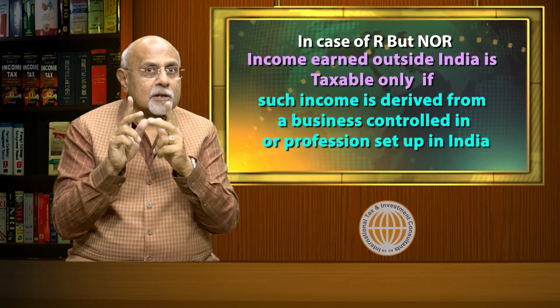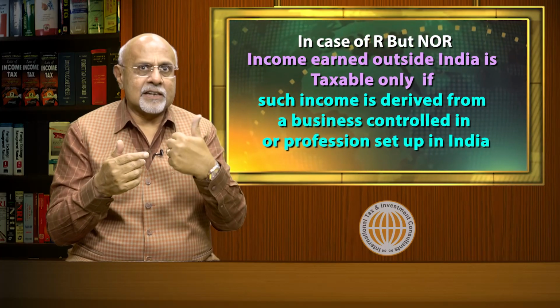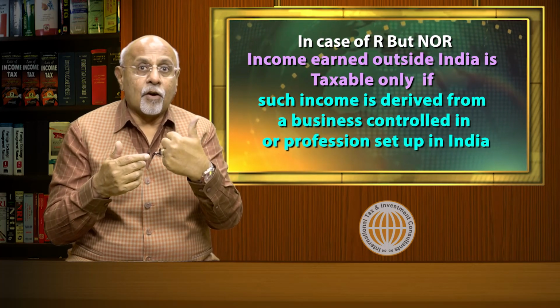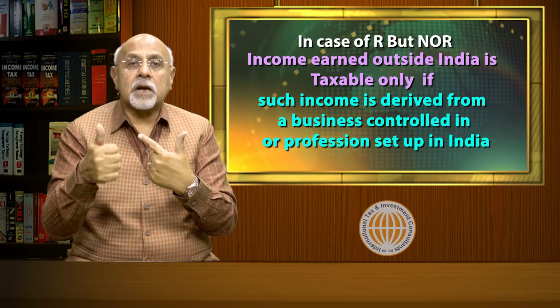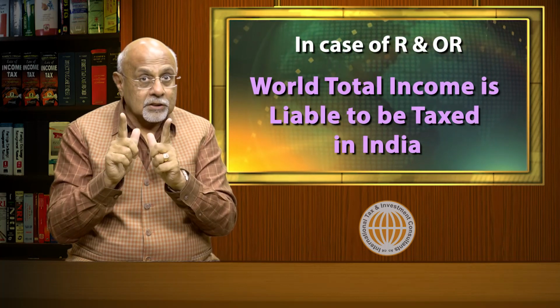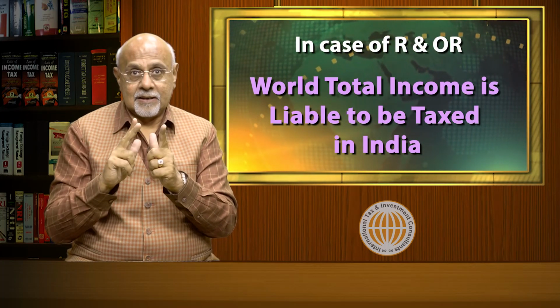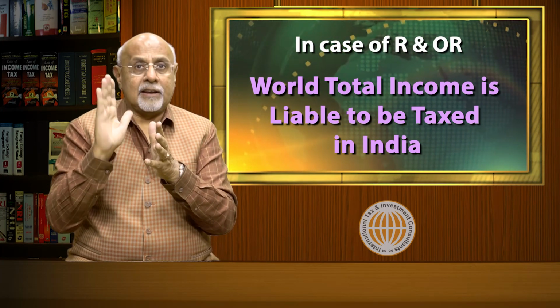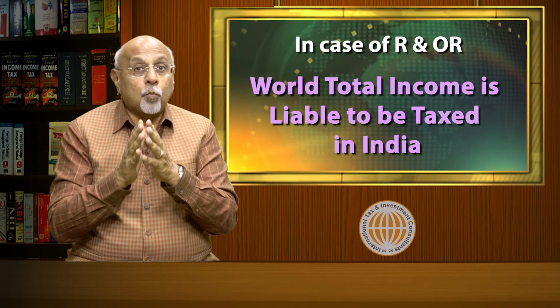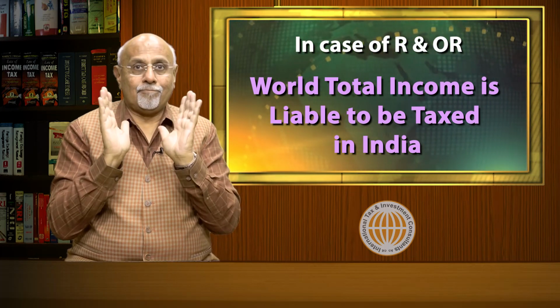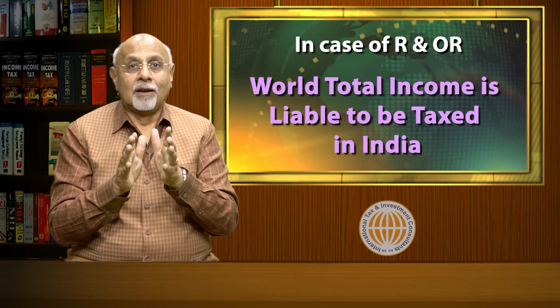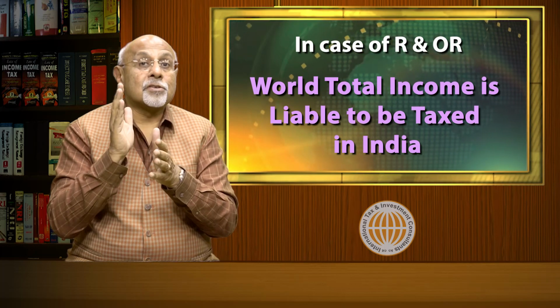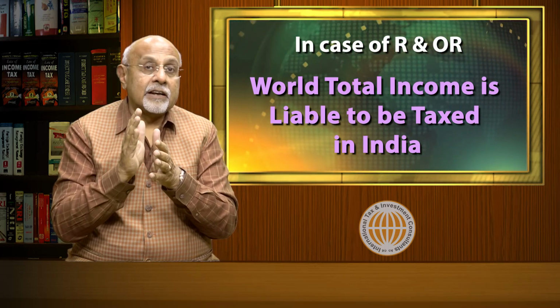Okay. So, these are the two preferred statuses. Best is to be a non-resident, or if not, be an R but NOR. Because in the third status, which is resident and ordinarily resident, the world total income of that individual or NRI becomes liable to be taxed in India.